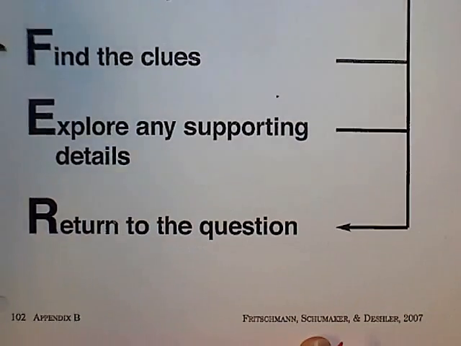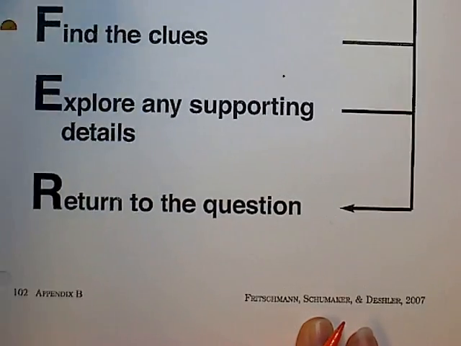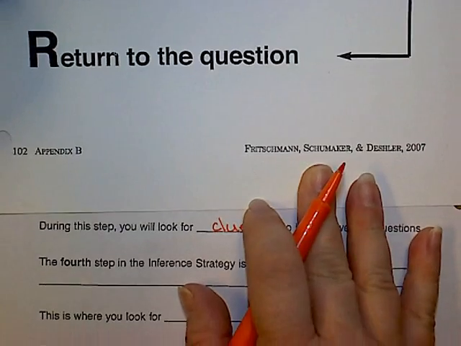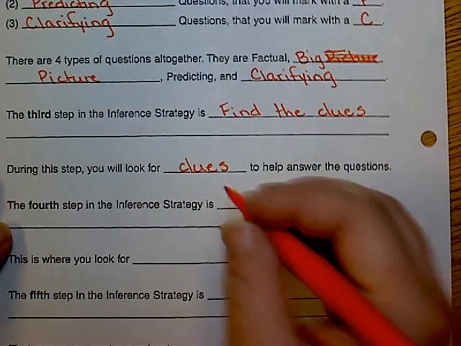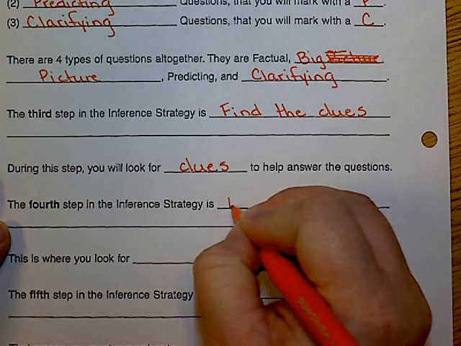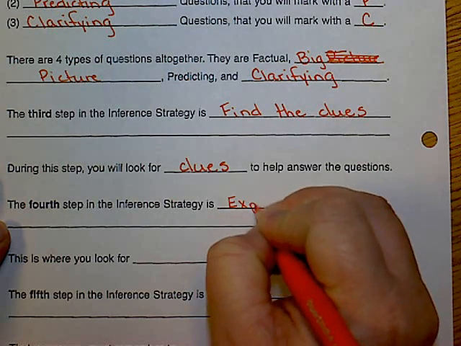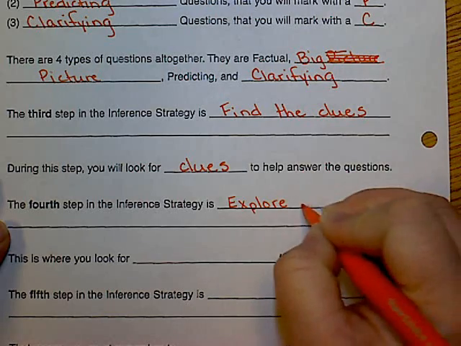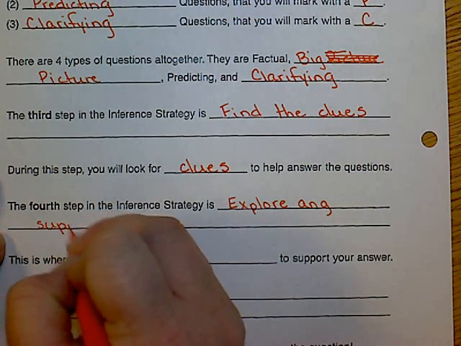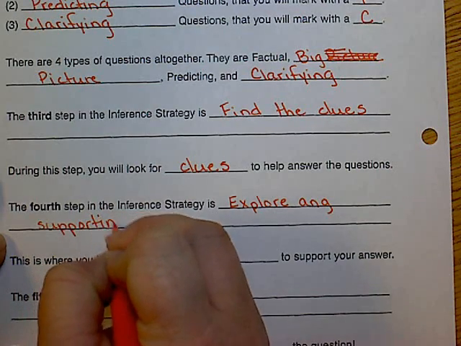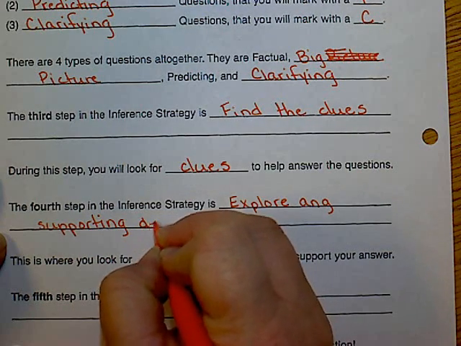So the 4th step of the inference strategy, I don't know if you can see it. Ignore the last one because we're just on explore any supporting details. Oh, you can't see it. Alright, so you just have to follow me as I write. So the 4th step in the inference strategy is to explore any supporting details.